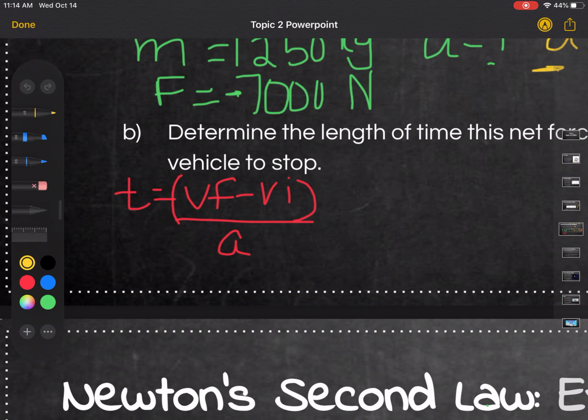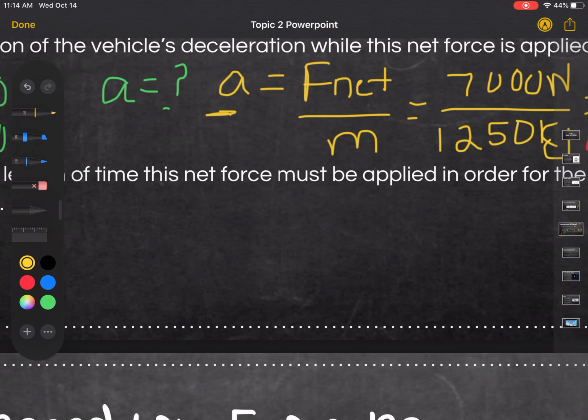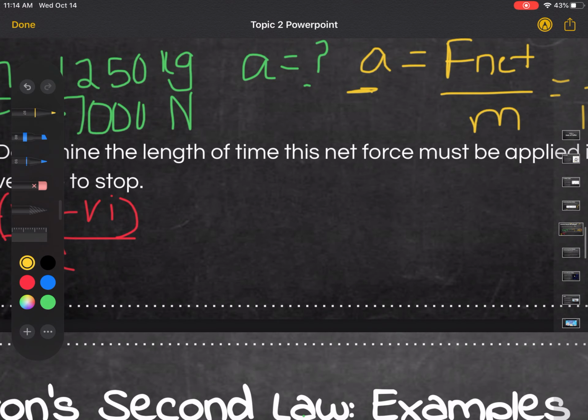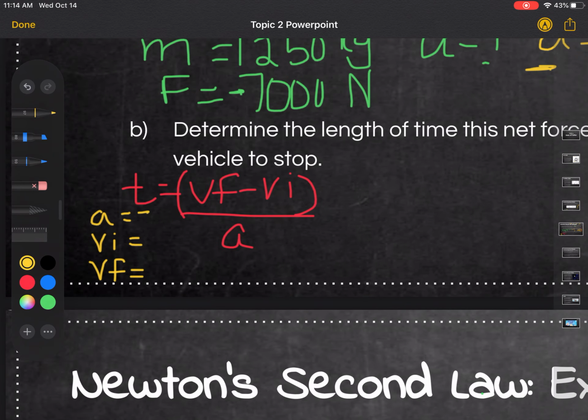So our time is what we don't know. We need VF, VI, and our acceleration, right? So our acceleration we figured out in the last question to be 5.6. So I'm going to put that right here.